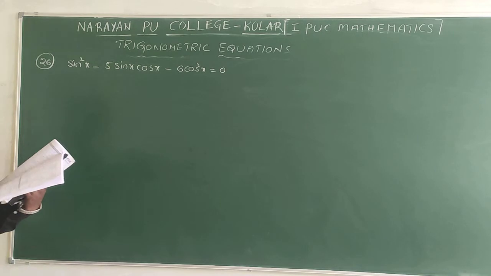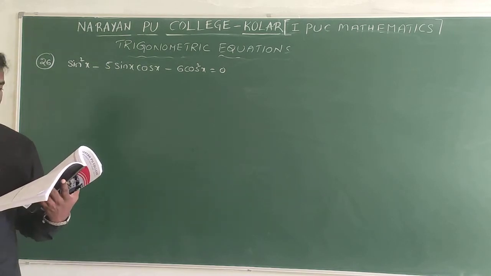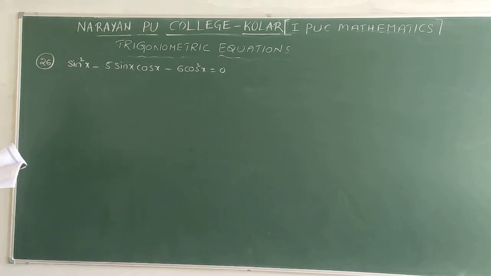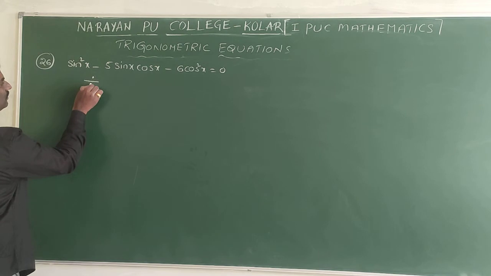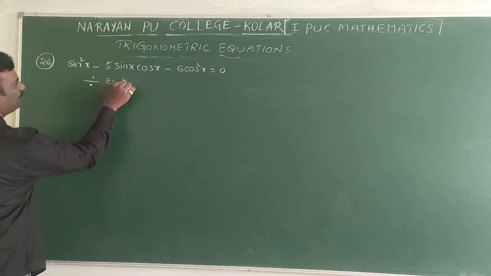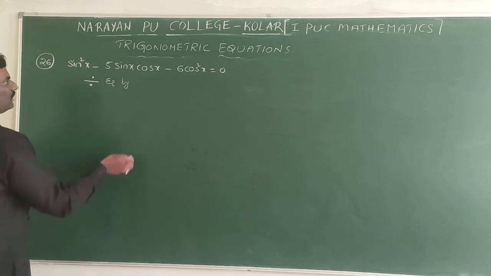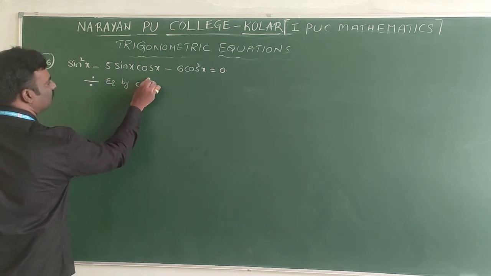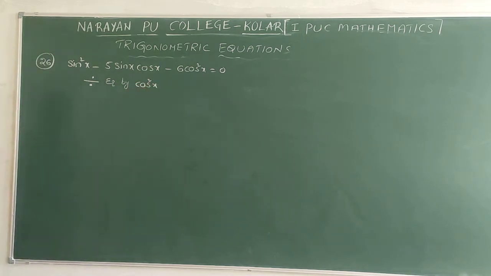So, here the range is not given. For this question, what I will do is divide the entire equation by cos square x.